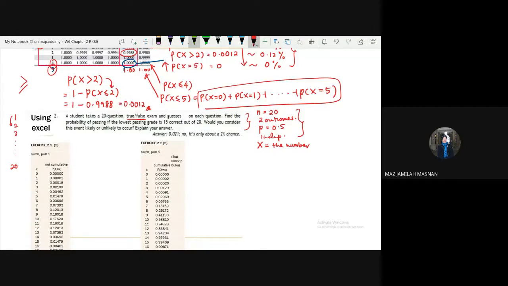If you are talking about passing grade, it is 15 out of 20. So you are talking about the number of what? Class, can someone try? The number of? If you are talking about passing, are you going to talk about mistakes, or are you talking about correct answers?